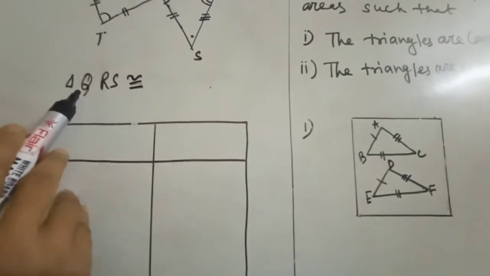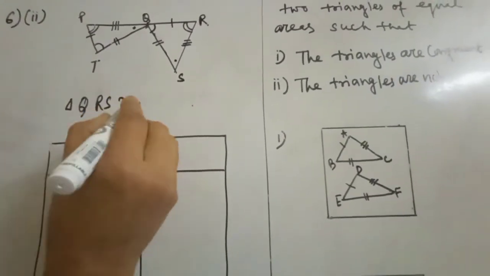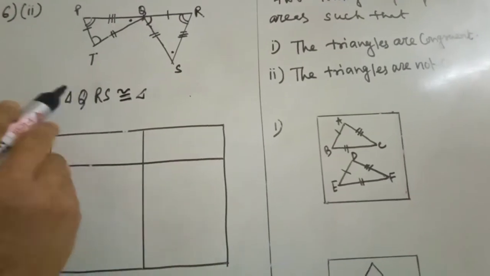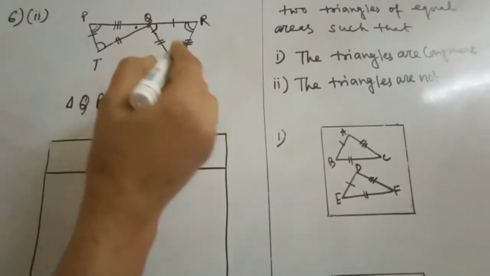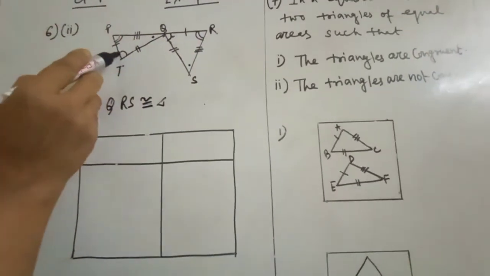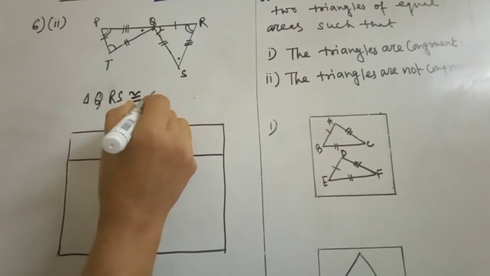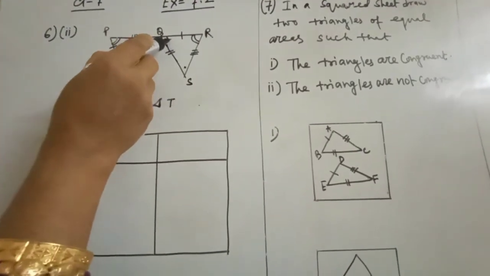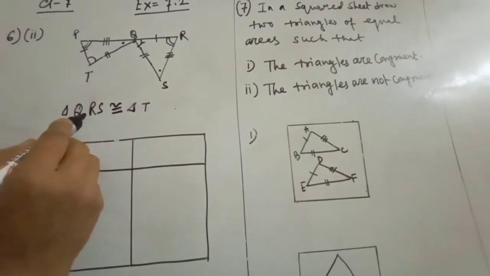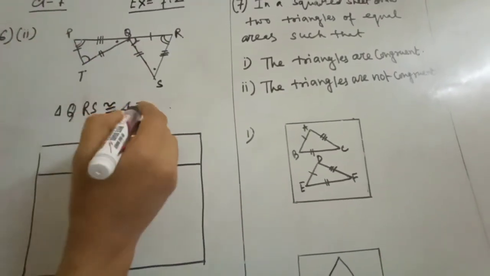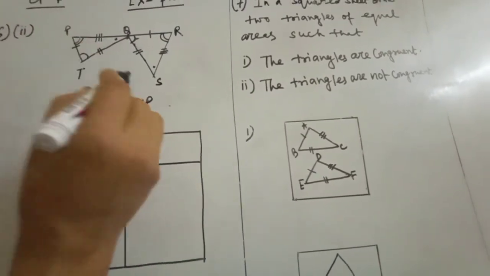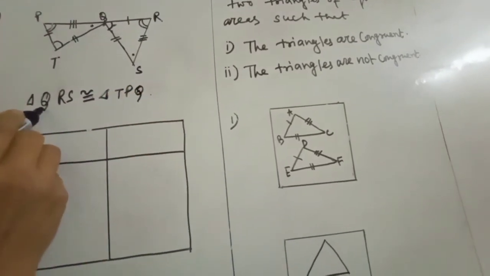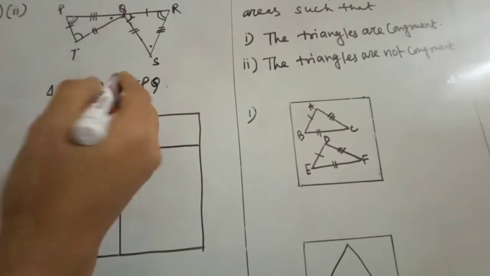You have to find out which triangle corresponds to triangle QRS when you are making the congruent triangles. In triangle QRS, angle Q is the same as angle T. So Q can be replaced by T here, because angle Q in QRS is the same as angle T in PTQ, and angle R is the same as angle P. So you have to write P here, and S will be the same as Q. S can be replaced by Q. So triangle QRS is congruent to triangle TPQ. You have to show that.